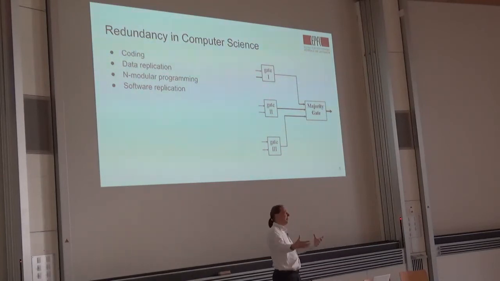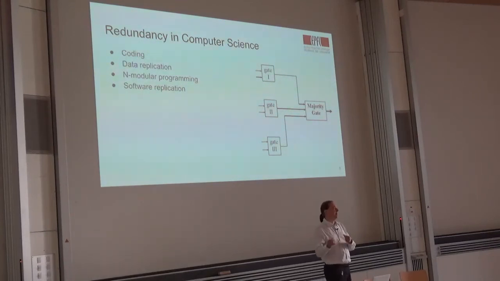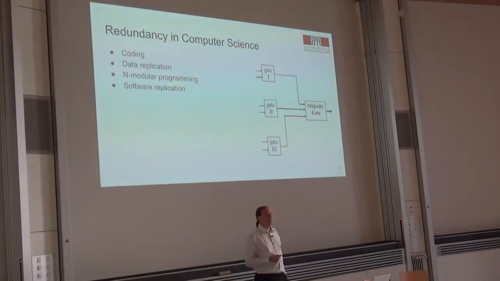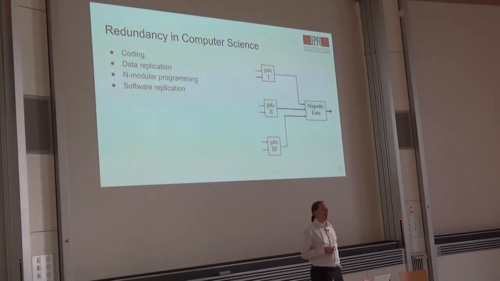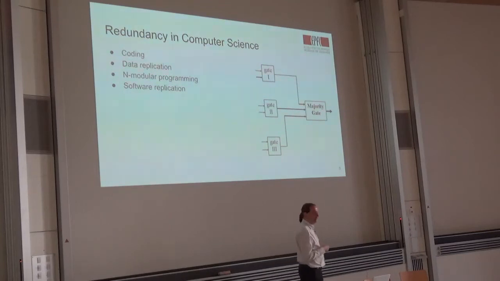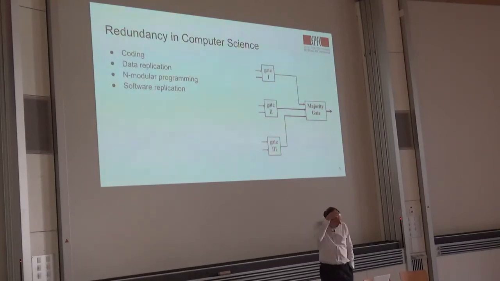Then you install them all on the same space shuttle or whatever, and they all check each other, and if one ever disagrees with the other two, you take the majority, whatever the two say rather than whatever the one says, and hope that that's actually the right answer. Now, there's no fundamental guarantee that what the majority says is the right answer, but hopefully it's more likely than the other case, right?